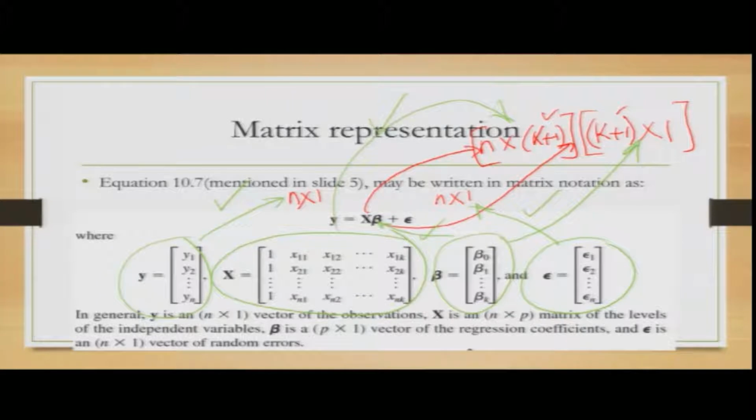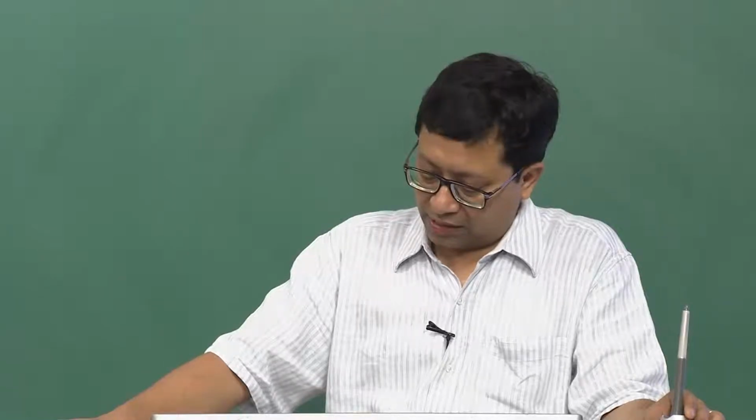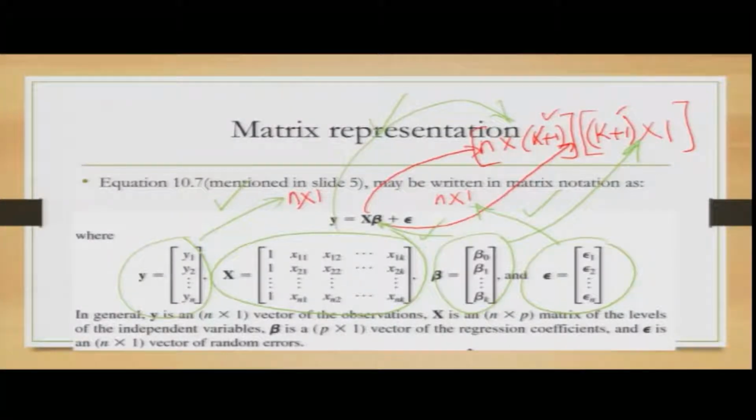In general, y is an n cross 1 vector of observations, as mentioned a few minutes back. X is an n cross p matrix, and here remember p is the size k plus 1, of the levels of the independent variables, as is rightly so. And by the way, in case beta naught is not there, the first column which you have for x would vanish.